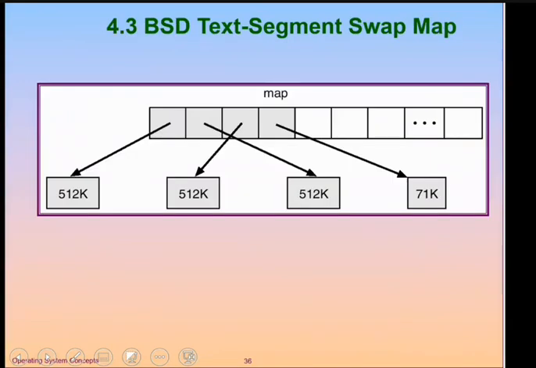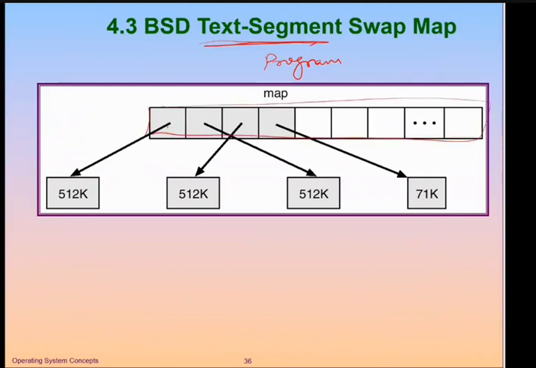In this we have a diagram of such swap maps. This is the text segment swap map. Text segment means the program is stored, and the program is of fixed size. In the swap space there is this data structure called swap map.